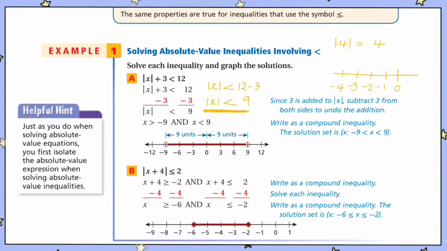So to graph it, we'll have to show that from 0, x is within 9 units, both on the right side of the 0, which is the positive side, and on the left side of the 0, within 9 units from 0 on either side.